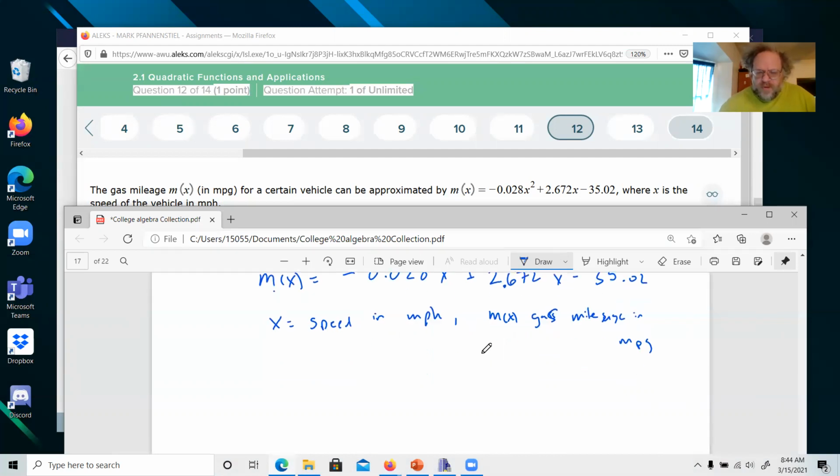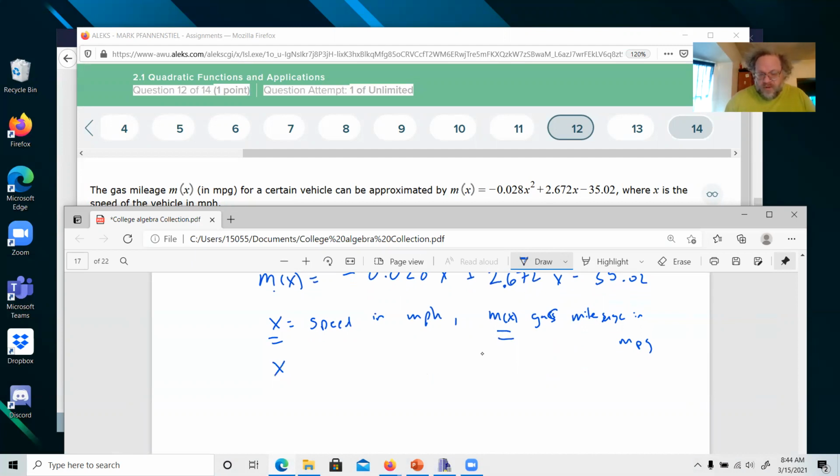Okay, so it's always important to have an idea of this. So when you do start problems that are word problems, if you're the person writing the formula, let people know what your variables are.